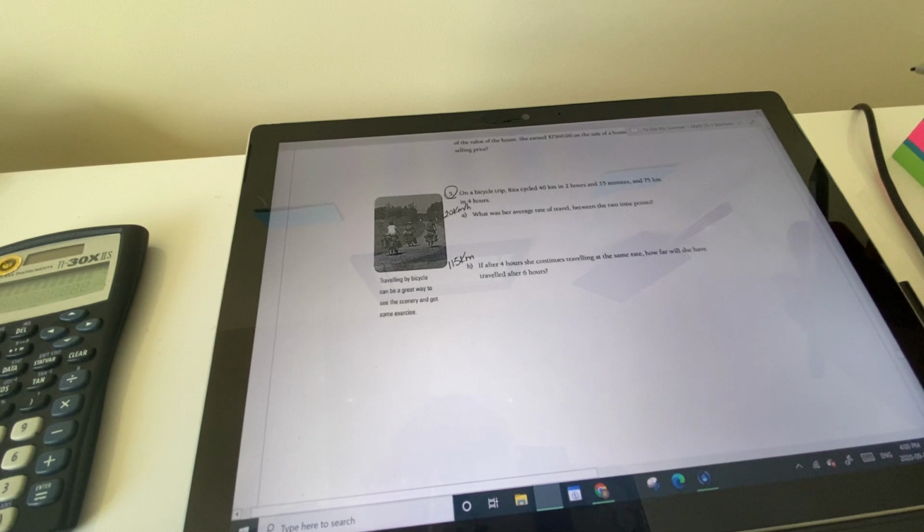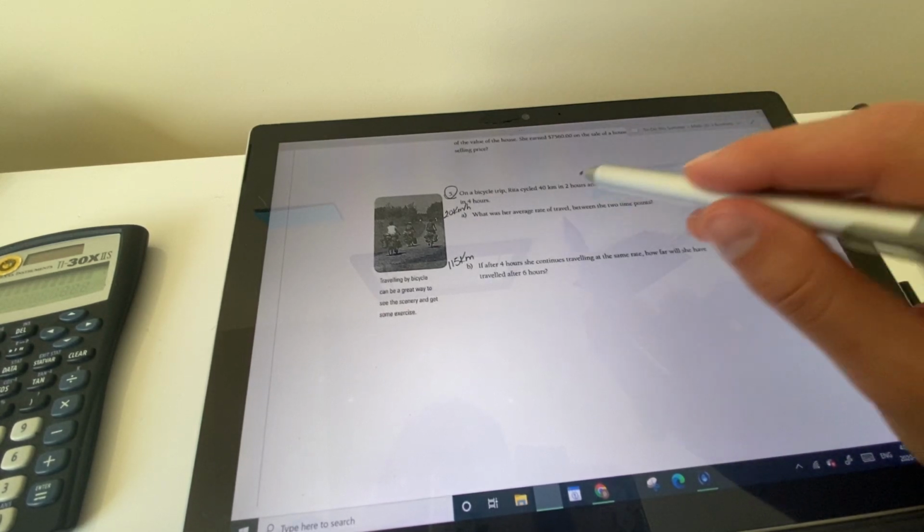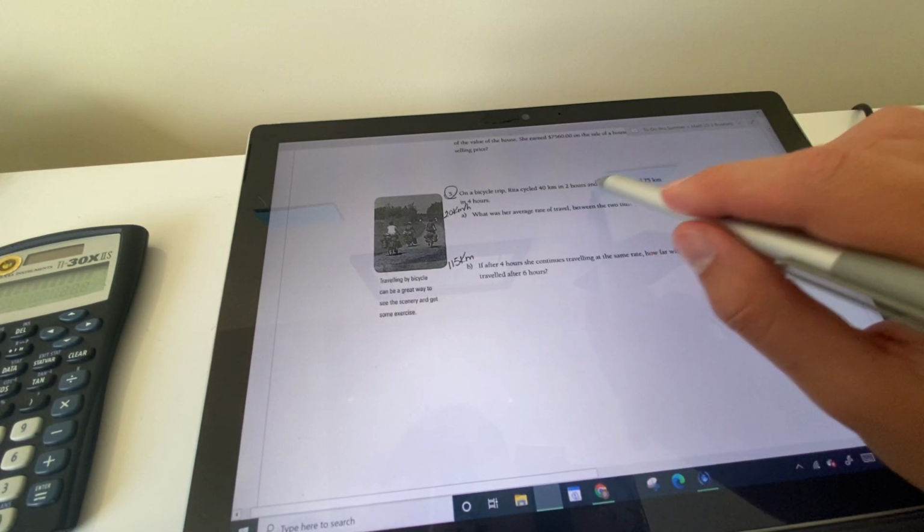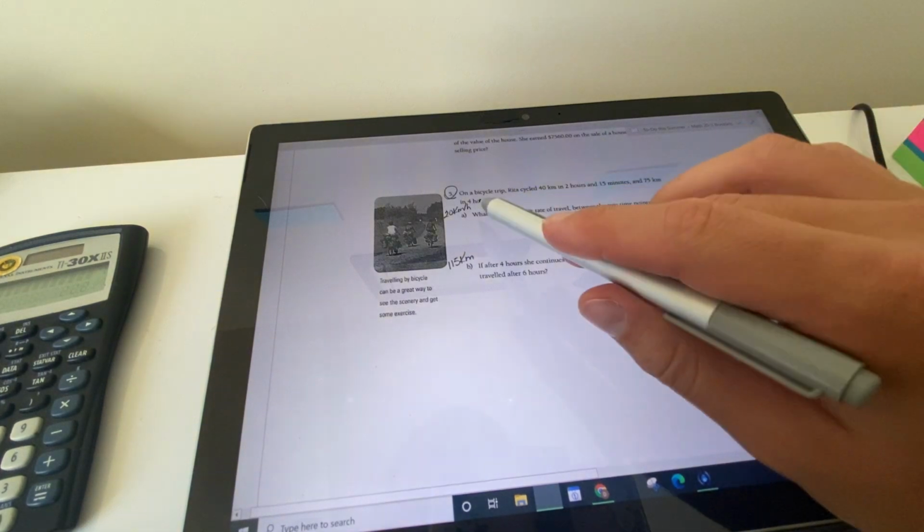On a bicycle trip, Rita cycled 40 kilometers in 2 hours and 15 minutes and 75 kilometers in 4 hours. What was her average rate of travel between the 2 points? Okay, so we have lots going on here. We have her riding in 2 hours and 15 minutes and 4 hours.